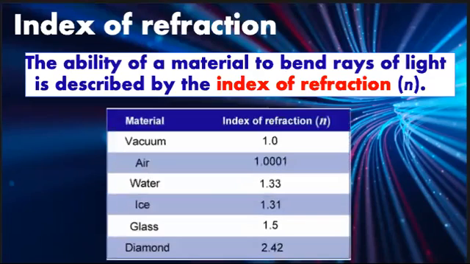And these are the different values for specific materials. We have vacuum, where the index of refraction is 1, and air is 1.001 to be exact. We have water, ice, glass, and the diamond.